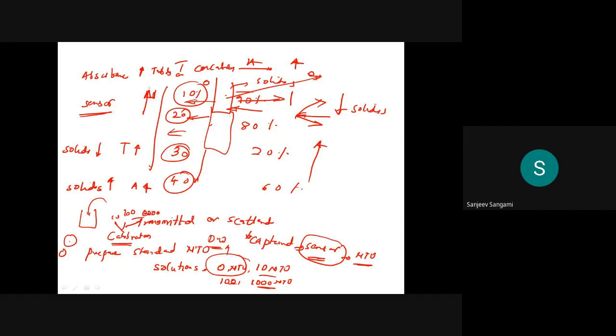Once you set 0, remove that solution, take the 10 NTU solution, and place it in the instrument; the display has to show 10. If it is not displaying 10, adjust it. Then for 100 NTU, adjust the calibration knob to 100, place the sample, and it has to display 100. Similarly adjust the knob to 1000 and it has to display 1000.